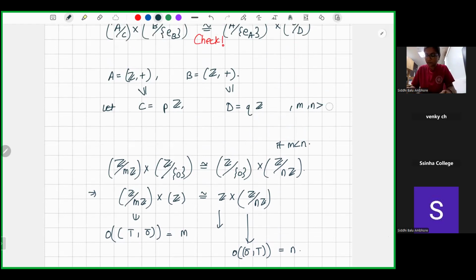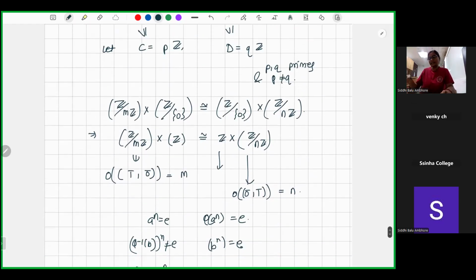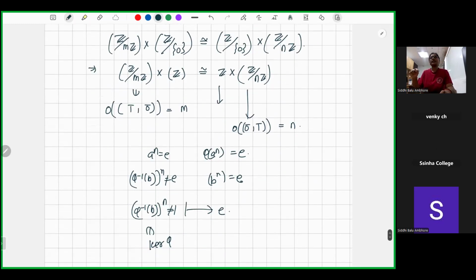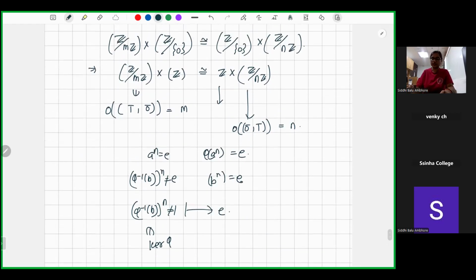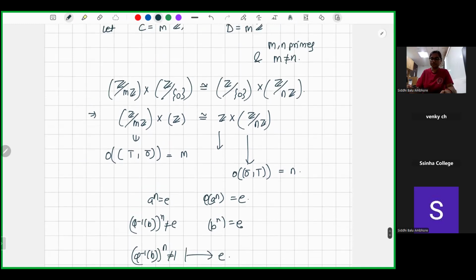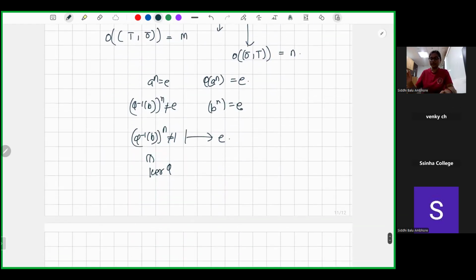P and Q, primes, and P not equal to Q. See, the earlier M and N won't help, because we can have something like Z mod 2Z. GCD was 1, but still.